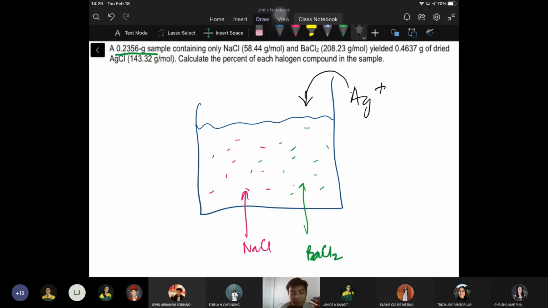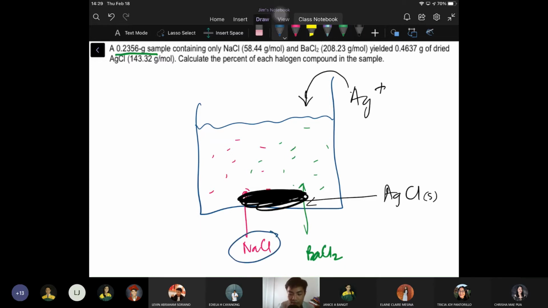Magiging solid yan pag inadd mo yung silver solution. Okay? So, what will happen is that, yun nga, pagkalagay ng silver ion, magiging silver chloride na yan lahat, no? Ang tanong dito is, ano yung original mass ng NaCl pati BaCl2?